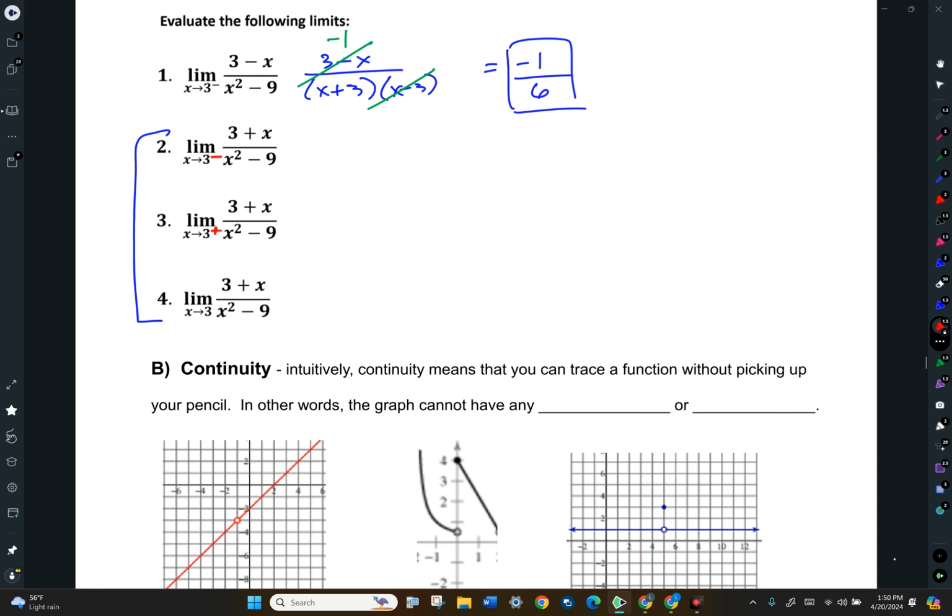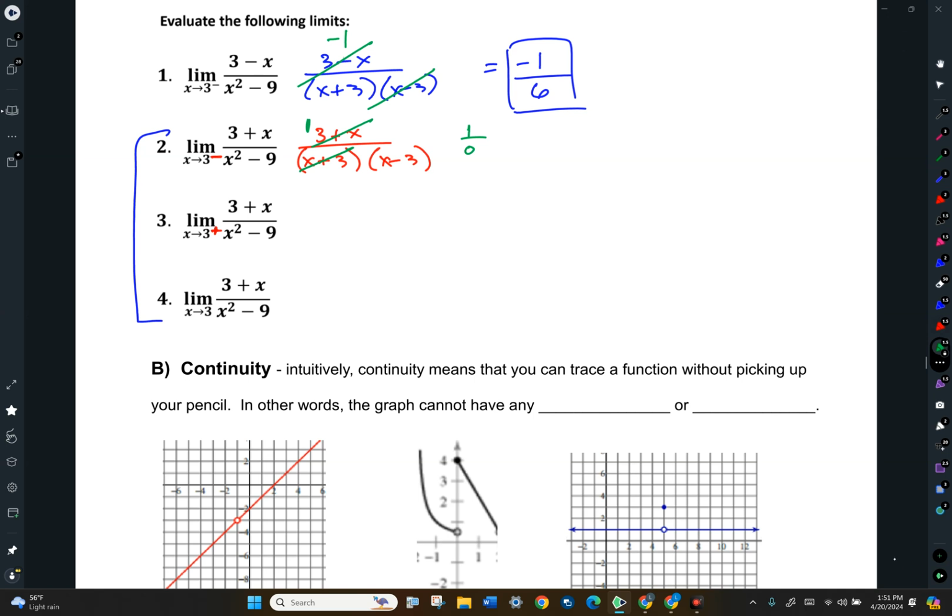So start by factoring, which is going to be similar. X plus 3, x minus 3. Okay, I still have something that cancels, just leaves a +1 this time. So can I substitute? No, if I substitute, I'm going to get 1 over 0. Okay, that's undefined.